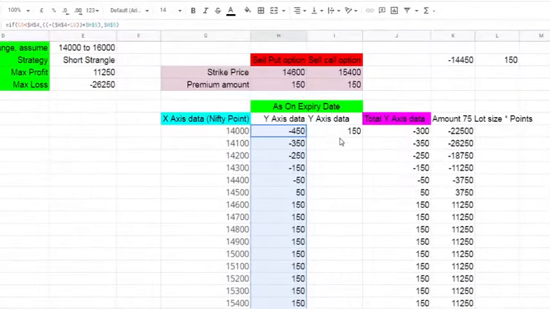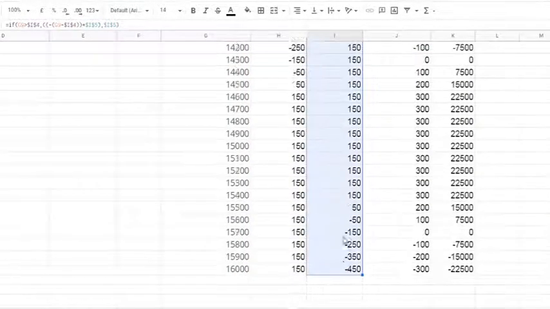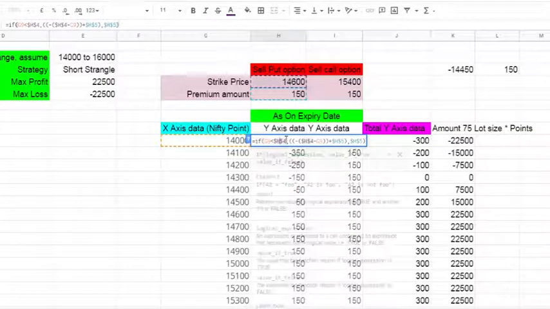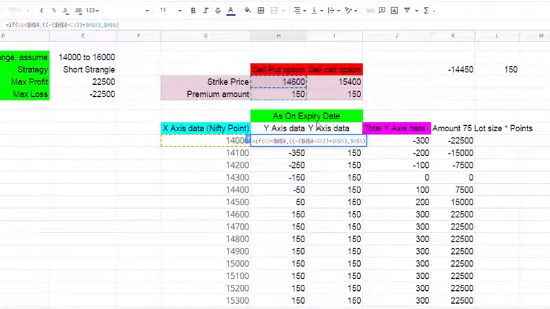Fine, I have done it, and I also drag this down. Good. But a point to note: when you drag down, I have made the strike price and the premium amount fixed using the F4 key. You see the dollar symbol. You need to do this, otherwise the formula will not work.